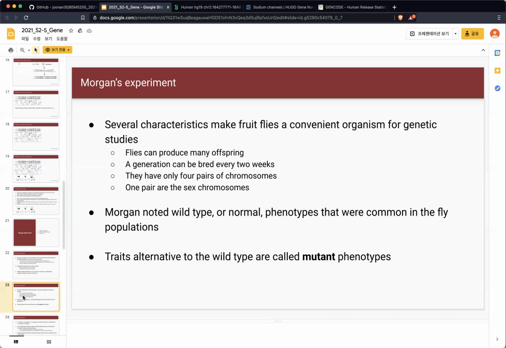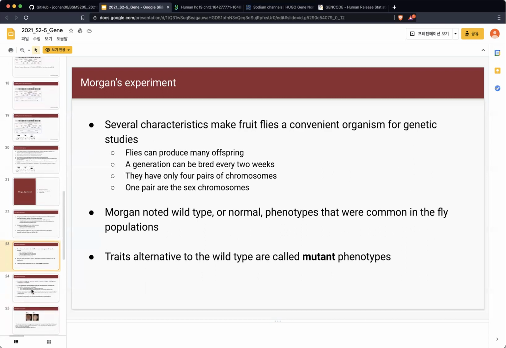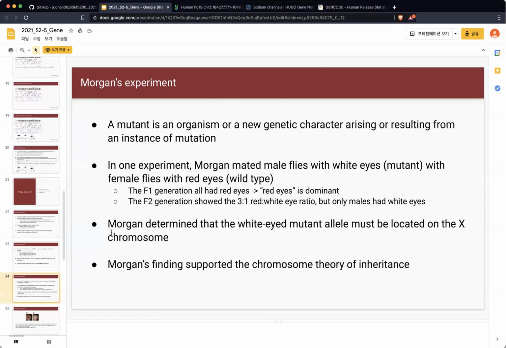So this is the distinct and opposite situation to the wild type. Morgan defined a mutant as an organism or a new genetic character arising or resulting from an instance of mutation, right?